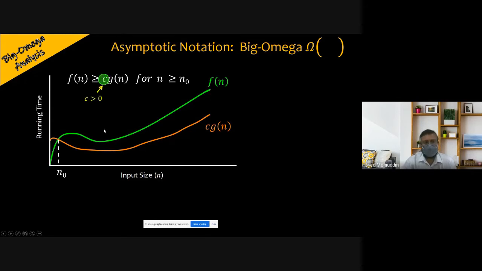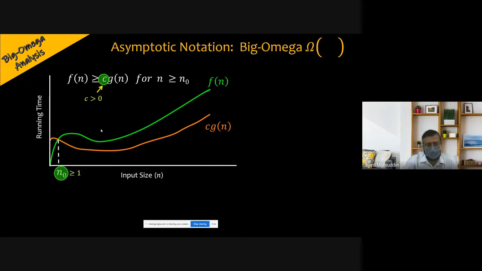It cannot be negative, and it cannot even be equal to 0, because if it is 0, then whatever g of n is, the function will be 0. And n0 is the initial input, where we start with some input which should be greater than or equal to 1.